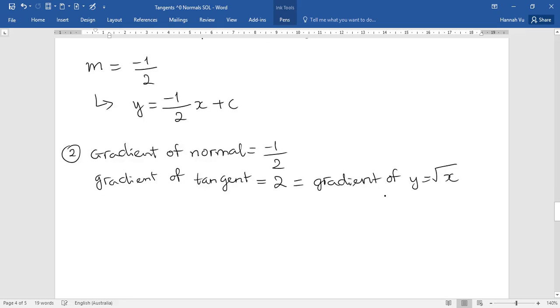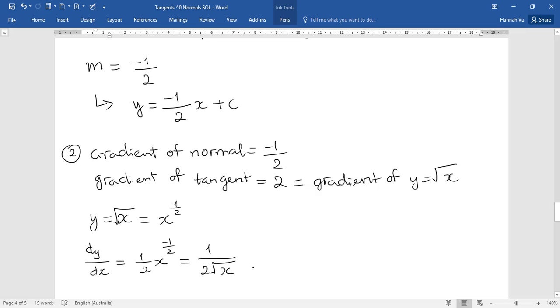What I'm going to do is find an x value at which this curve has a gradient of 2. If y equals square root of x, which I'm going to write as x to the power of a half, the derivative is a half x to the power of negative a half, which I'm going to write as 1 over 2 square root of x to make it easy to solve.